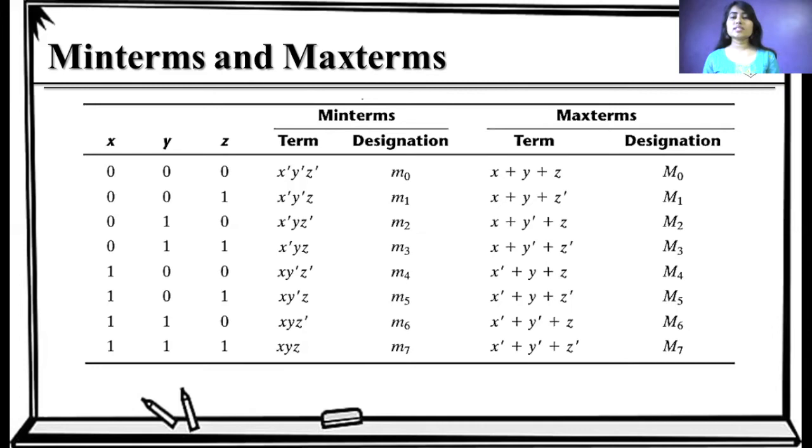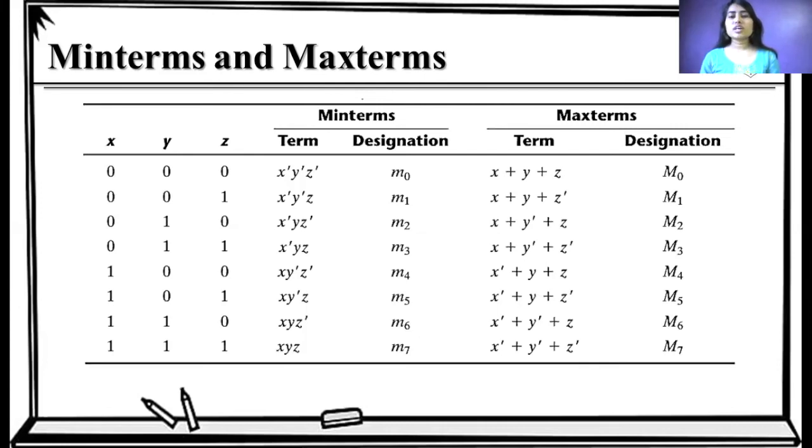Now let's discuss max terms. Here max terms are designated by capital M, and again the suffixes are similar to those of minterms. So for 0, 0, 0, we have capital M0. For 0, 0, 1, capital M1, then M2, M3.